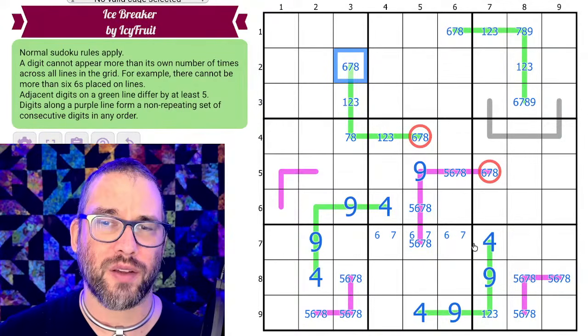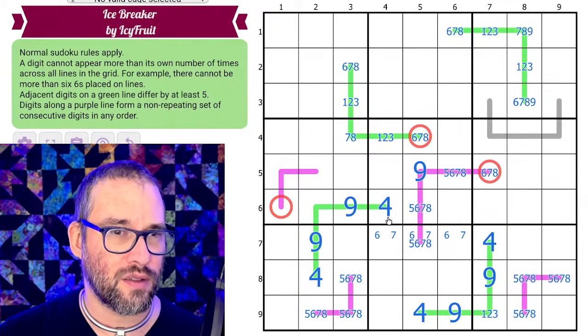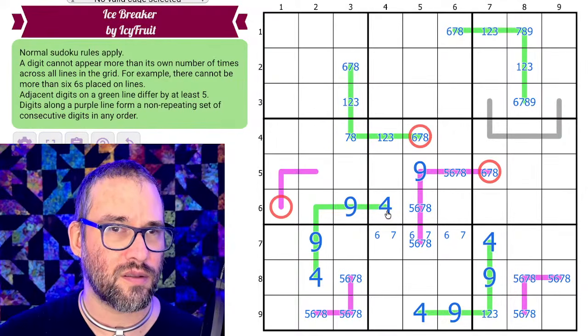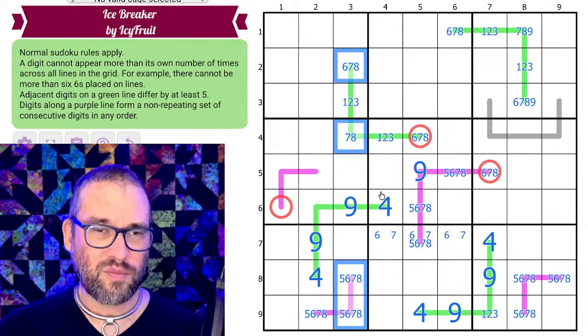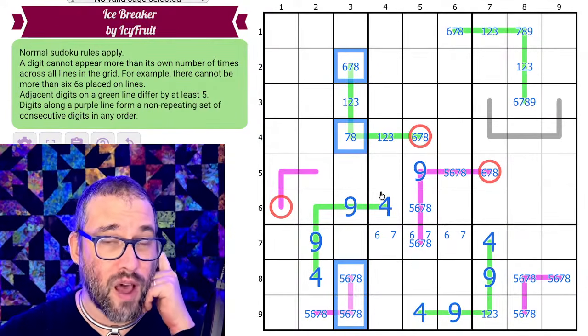Oh, catch up in box 4. That's a cute point. Can only go here. Five, six, seven, eight quad.